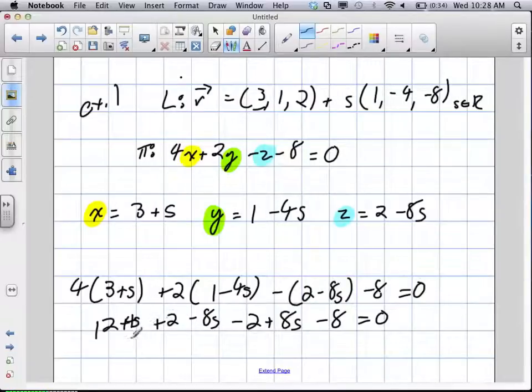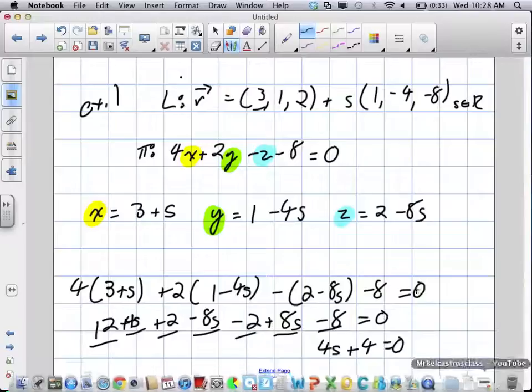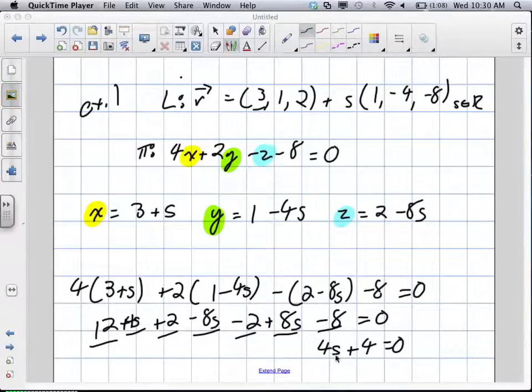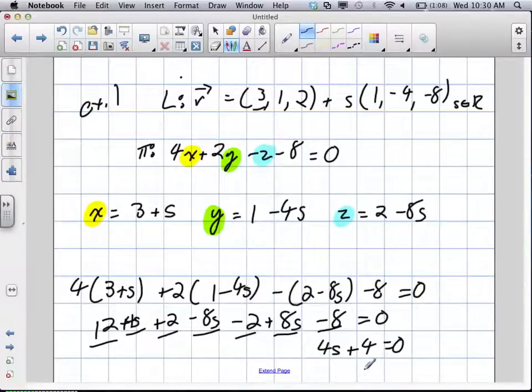Alright, we'll try to collect our like terms. We have positive 4s minus 8s is negative 4 plus 8 is positive 4s. So I have positive 4s. And we have 12 plus 2 is 14 minus 2 is 12 minus 8 is 4. All equal to 0. Okay, so we have 4s plus 4 is equal to 0. We move the 4 over. We're going to end up with s equal to -1. Okay, so we've now found our parameter.